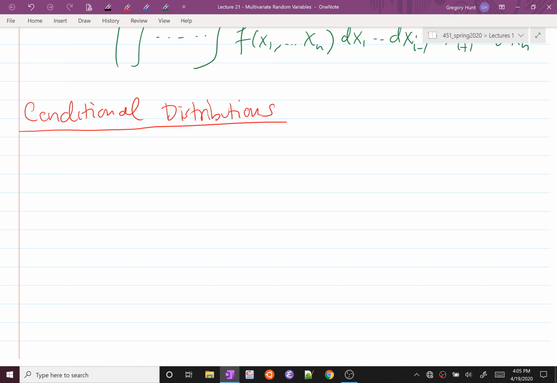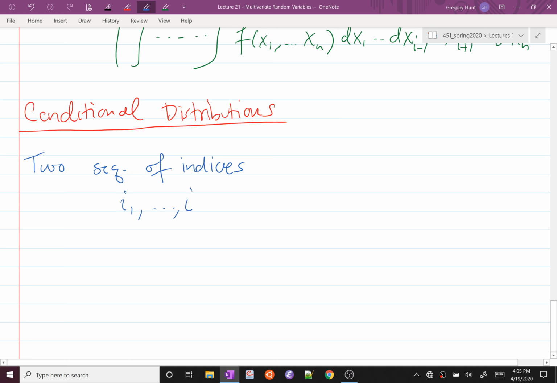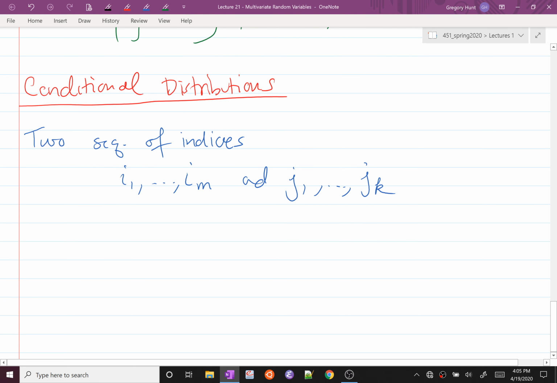So let's say we have two sequences of indices, two sets of indexes, i1 to im and j1 to jk. These are just some numbers. Maybe it's 1, 3, and 5 in the first set, and 7, 11, and 12 in the next set.